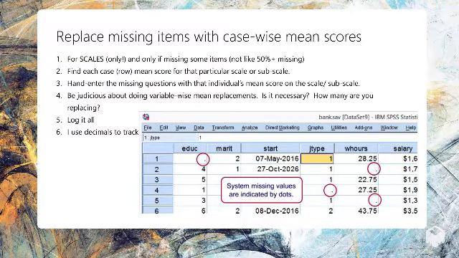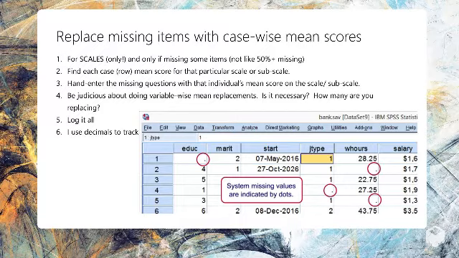For most students, your work has been extensive to collect this data, and if you have one question missing, you don't want to throw the entire case out because of that. There's no logical reason to. So for each case, which is a row in SPSS, you want to find the mean score for that particular scale. Remember, you don't want to add up every question they answered; that doesn't mean anything.